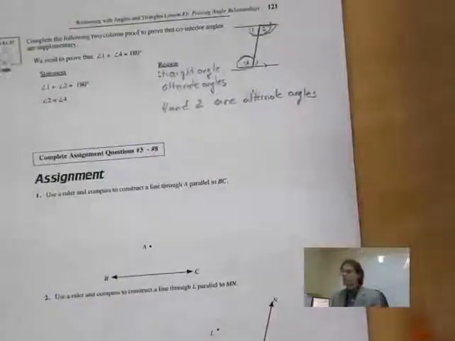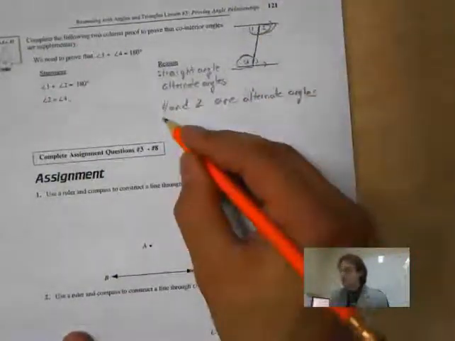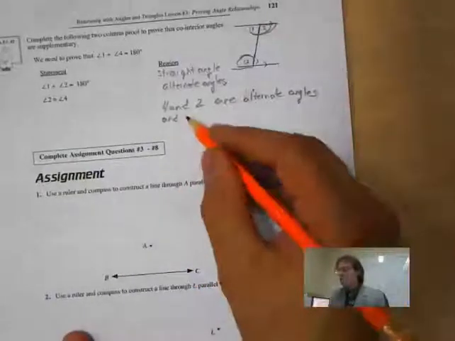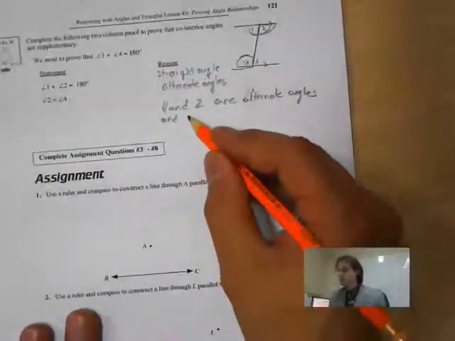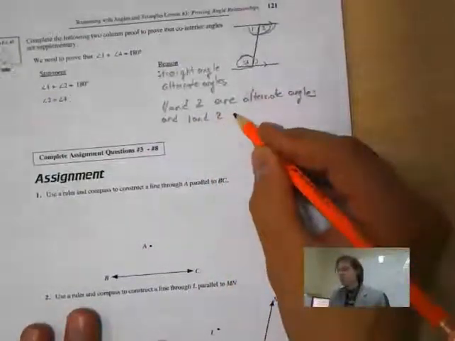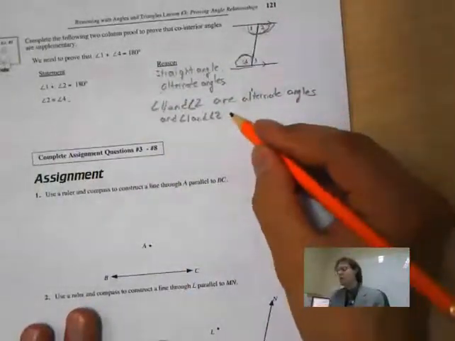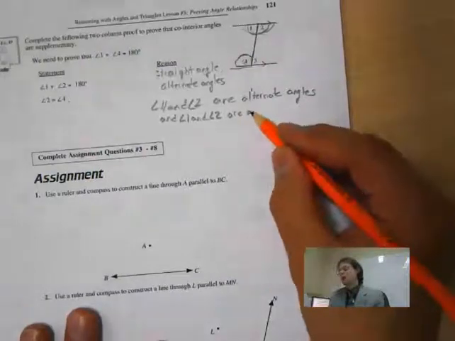So we know since 4 and 2 are alternate and 1 and 2 are supplementary, I'll put my angles in there just so we don't get confused. Angle 2, angle 4. And angle 1 and angle 2 are a straight line.